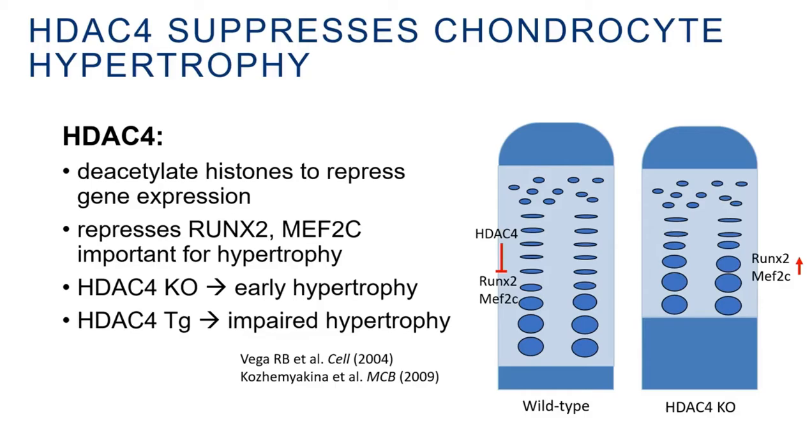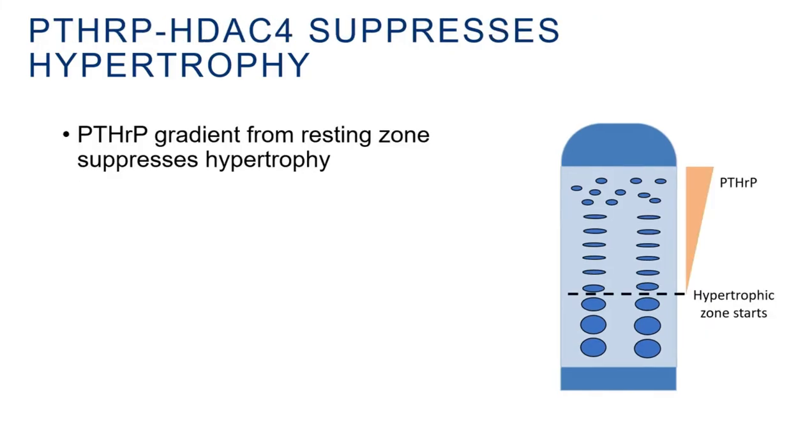Now, interestingly, more recently, HDAC4 along with HDAC5 has been shown to be involved in mediating the effect of PTHrP, also called parathyroid hormone-related peptide, in the growth plate. You may know that PTHrP is expressed primarily in the resting zone, and it diffuses across the growth plate, forming a gradient. And because PTHrP suppresses hypertrophy, this gradient also determines where the hypertrophic zone can start in the growth plate.